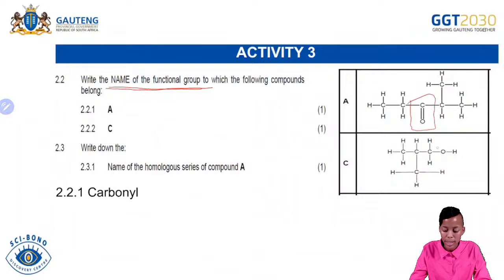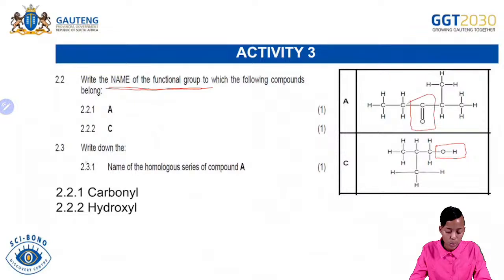The next one is what? Remember, you always need to identify the homologous series, right? So for the homologous series, compound C would be an alcohol. So because it's an alcohol, what is the name of the functional group of alcohols? That would be a hydroxyl.